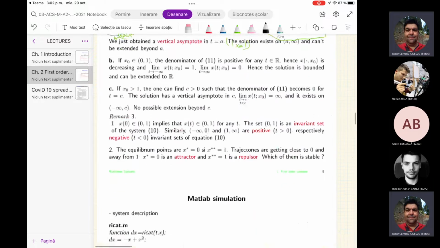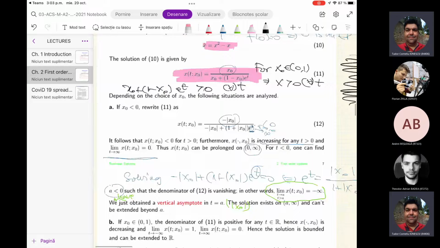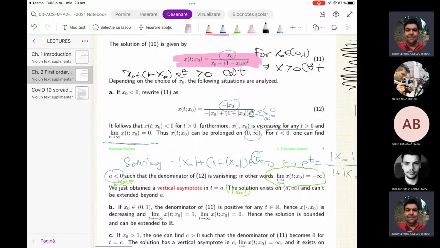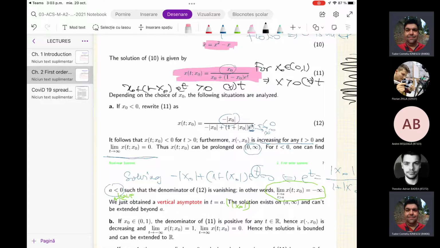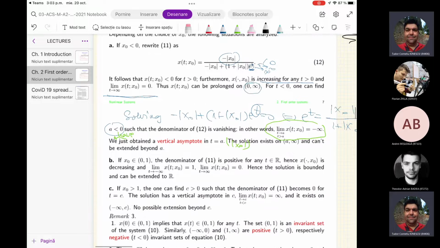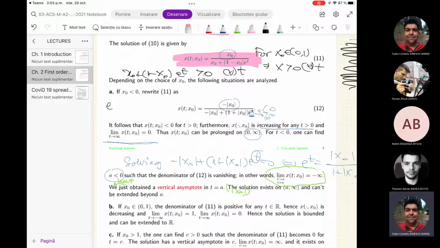And when t goes to minus infinity, e to the power t goes to 0, hence the whole solution x is going to 1.